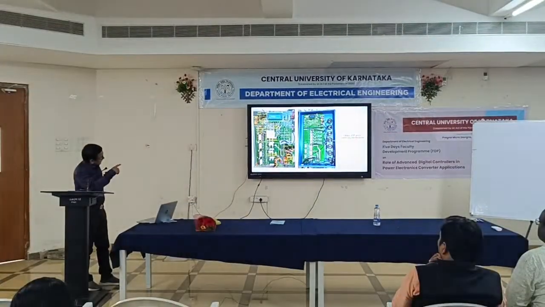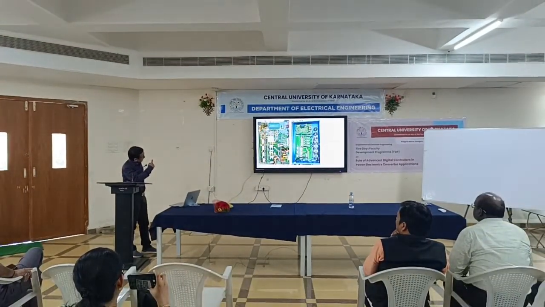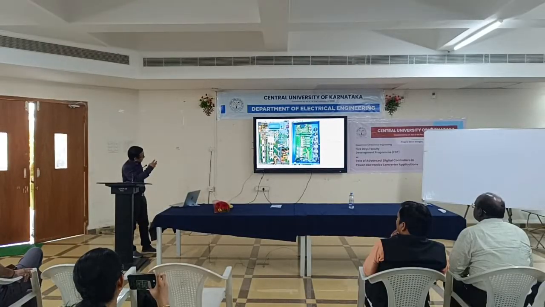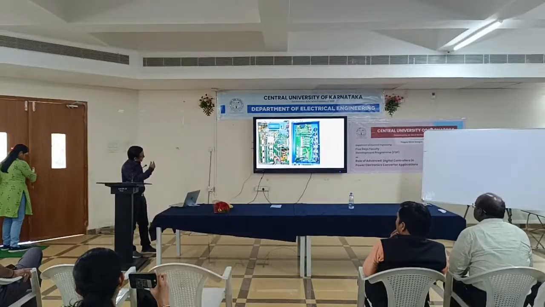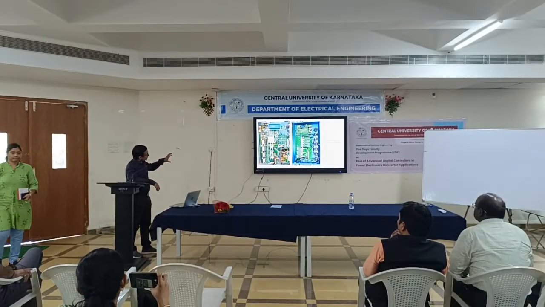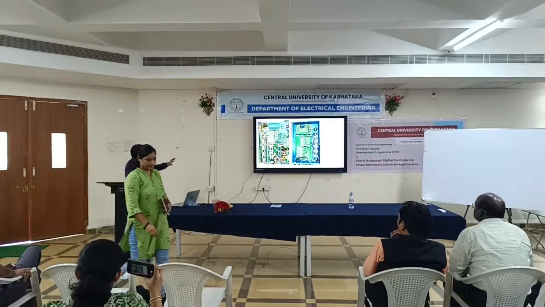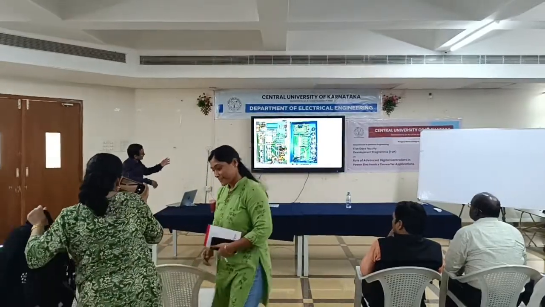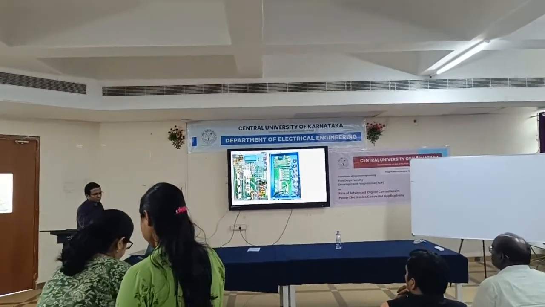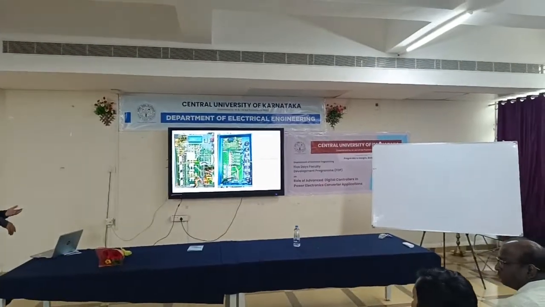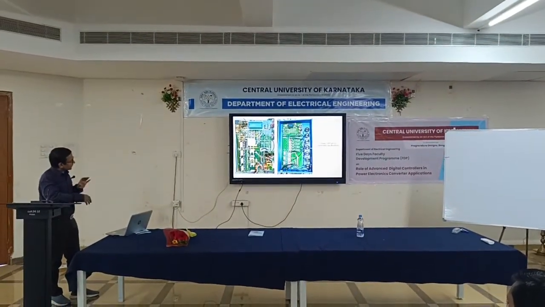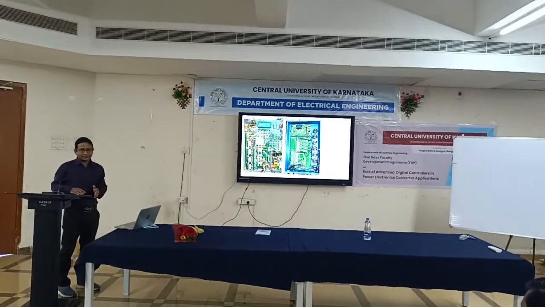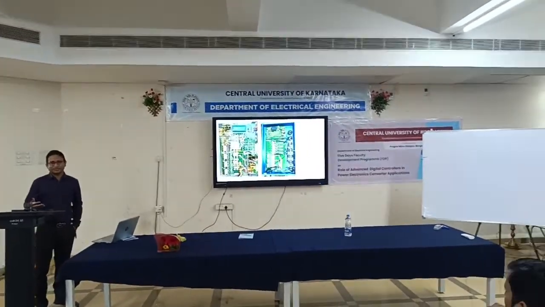So the interface between the plant and the controller we achieve through the signal conditioning circuit and driver circuit, and we control the entire power converter through the main microcontroller, DSP controller or main microcontroller. You will collect all this feedback and you will have some control strategy. That is the part of research.